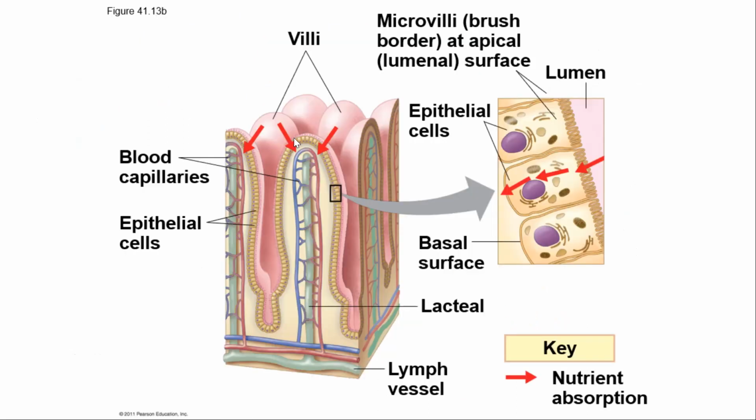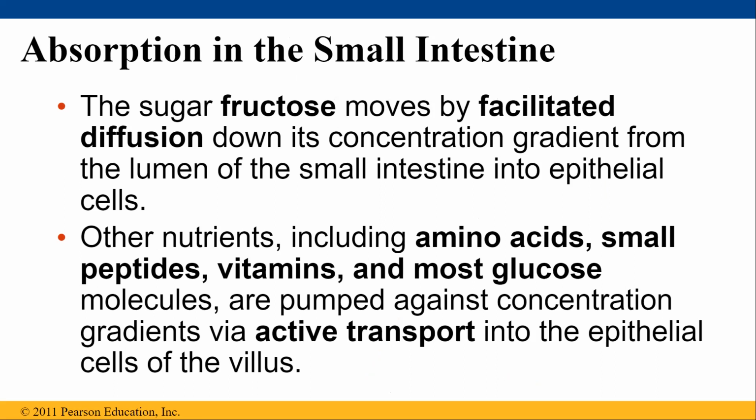And those little bumps can then absorb more nutrients as they move across the lining of the small intestines. So the villi increase the surface area of the lining of the small intestines. The microvilli, even more so, increase the surface area at a cellular level so that they can get more nutrients into the cell from the lining of the small intestines.